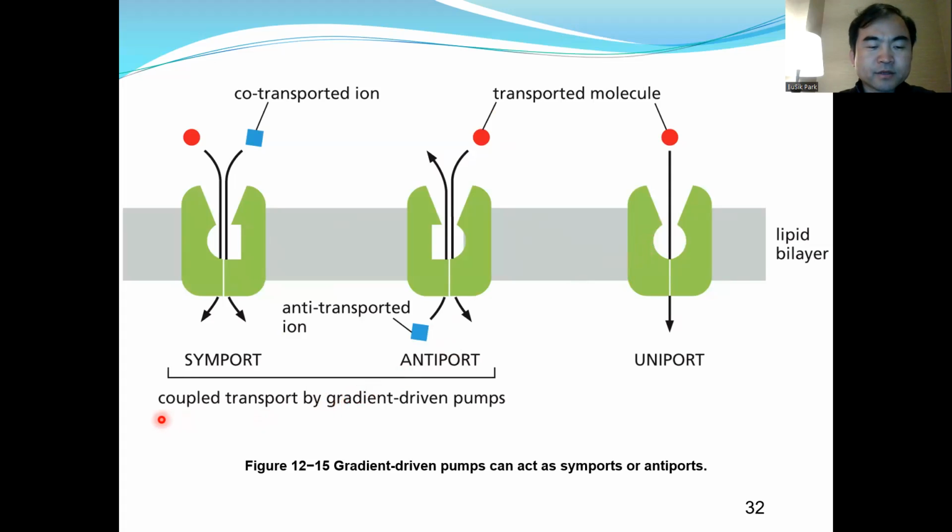A gradient-driven pump can act as symport or antiport.